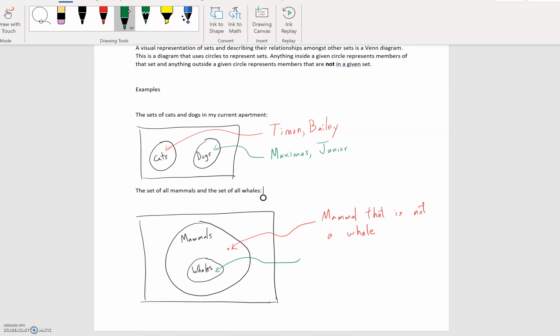Anything inside the set of whales is going to be a whale. And anything that is not in either of those 2 circles, what is that going to represent? This is something that is not a mammal.